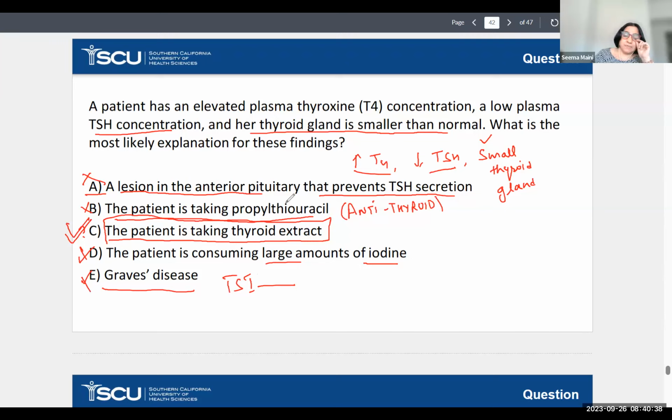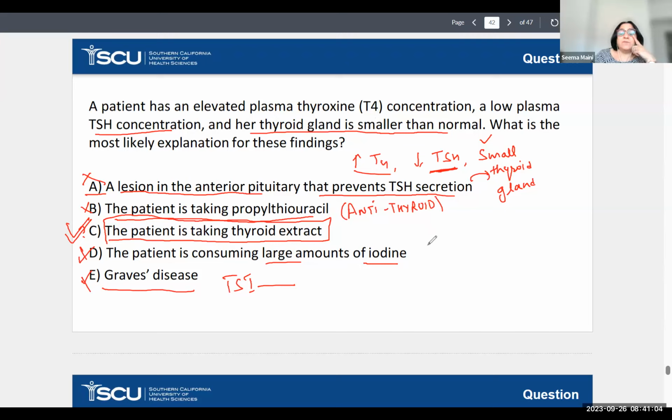Yes, patient is hypothyroid and is on thyroid therapy, thyroid supplements, you can say. Okay, now patient is taking thyroid supplement, and there is low TSH because of negative feedback, and because of low TSH, there is small thyroid gland.